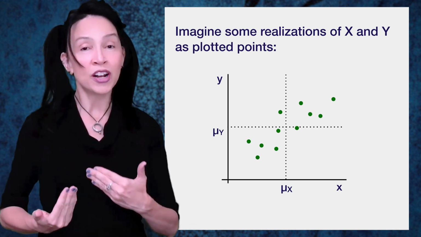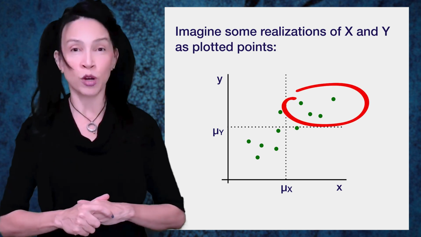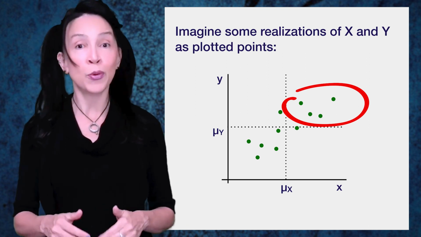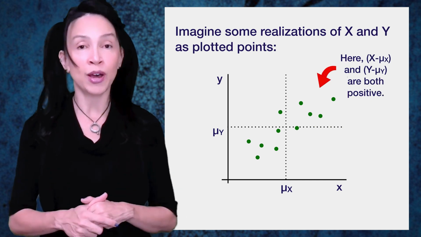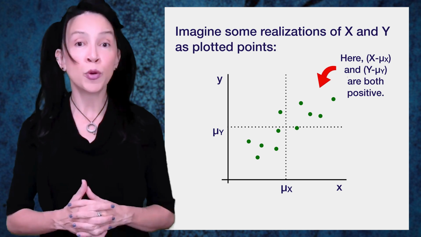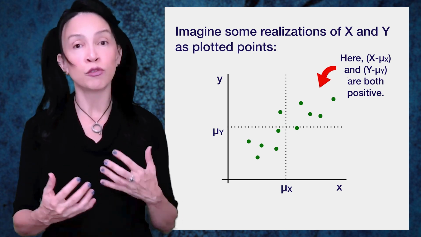And I have broken up this graph into 4 quadrants. So let's focus on the upper right one first. For all the points up here, the X coordinates of these points are above the mean for X. So the quantity X minus mu X is positive for all these points up here. The same thing for the Y coordinates. The Y coordinates of all these points are above the mean for the Y's.